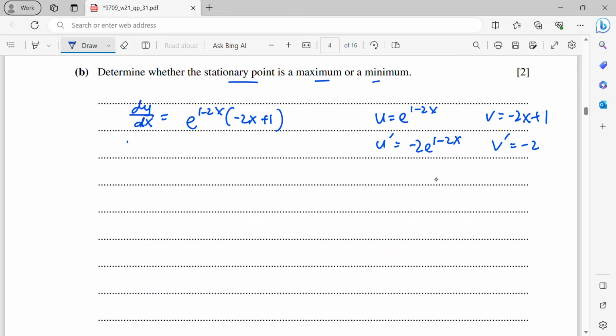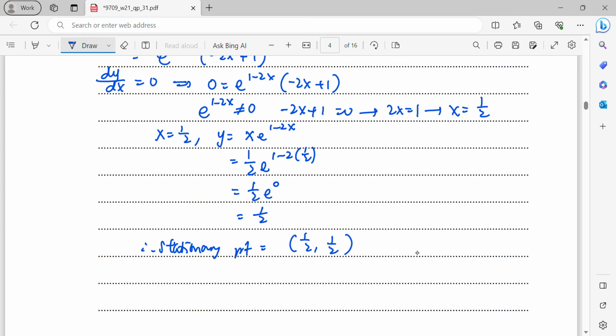Okay, so from here, my d squared y over dx squared is going to be uv prime, so minus 2e^(1 minus 2x), plus vu prime. So just multiply: negative 2x plus 1 multiplied with negative 2e^(1 minus 2x). Now, substitute the x coordinate of the stationary point, which is half.